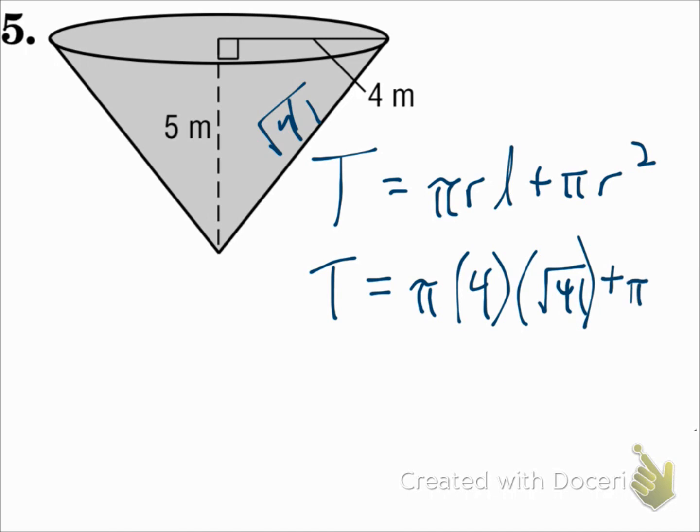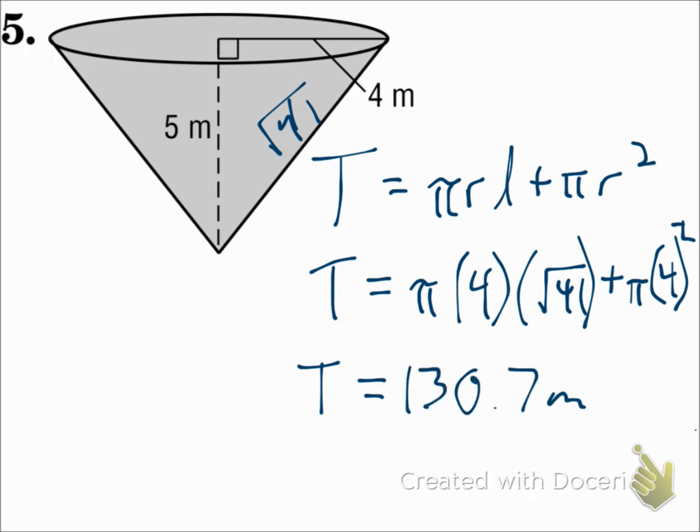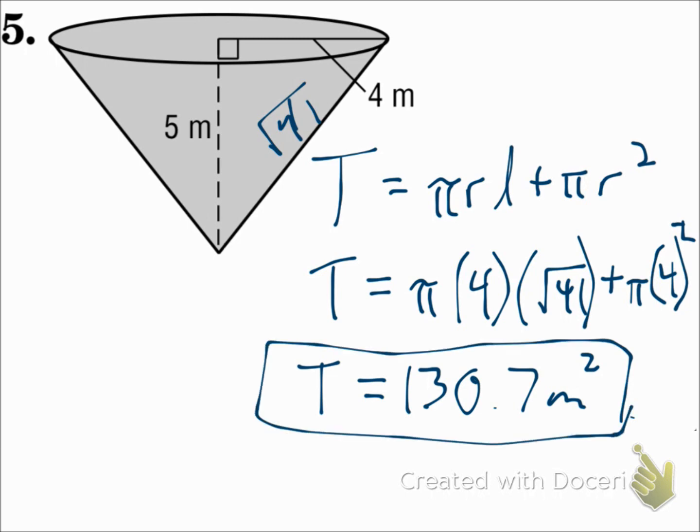And then pi r squared, and that gives you 130.7 meters squared. So substitute in the values, use the same numbers that you did for lateral area, and then throw on the area of the base at the end.